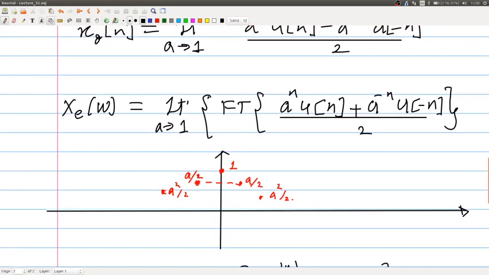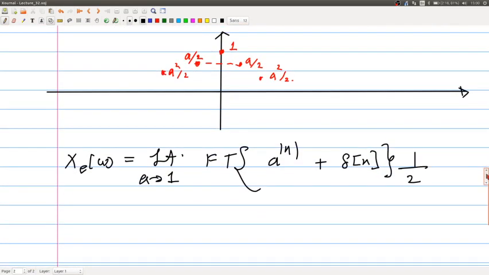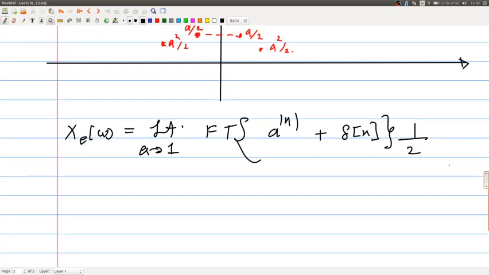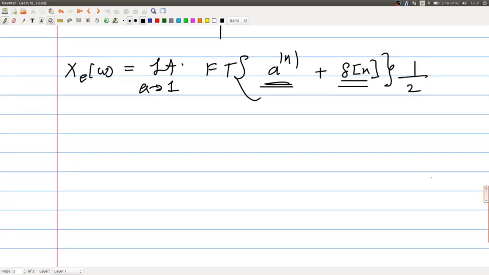Look into how this signal and this signal come out to be the same. I mean, if you want, you should pause the video and look into it. Right. So we already know the Fourier transform of this part, and we also know the Fourier transform of delta n. So we would just use that property.